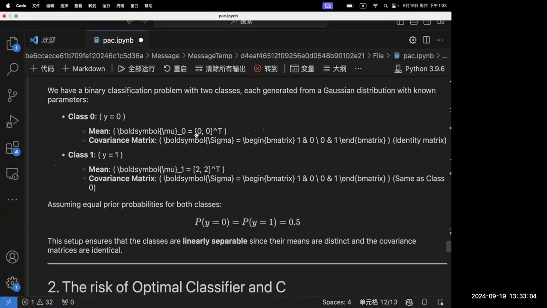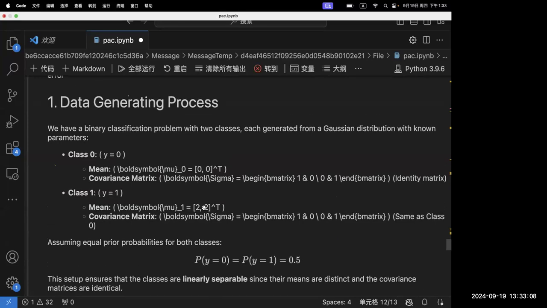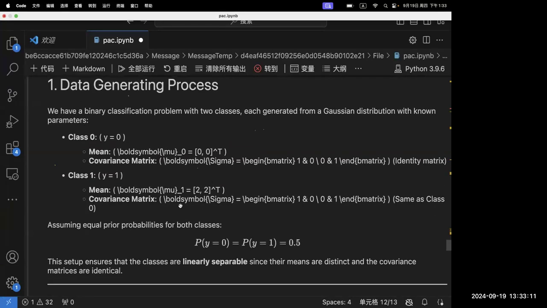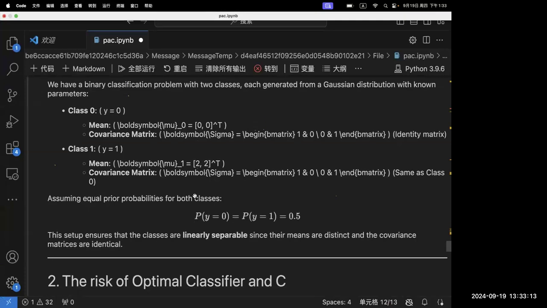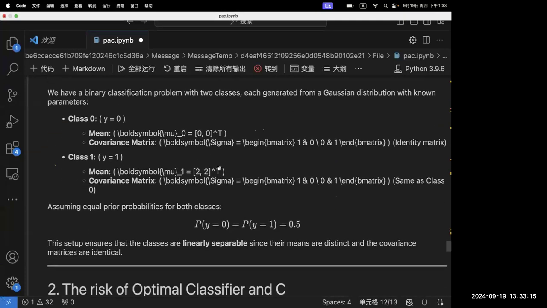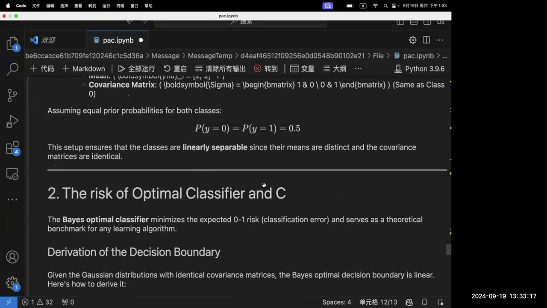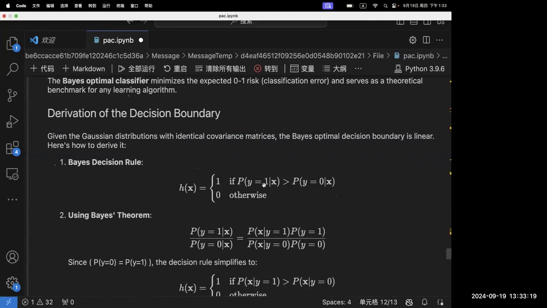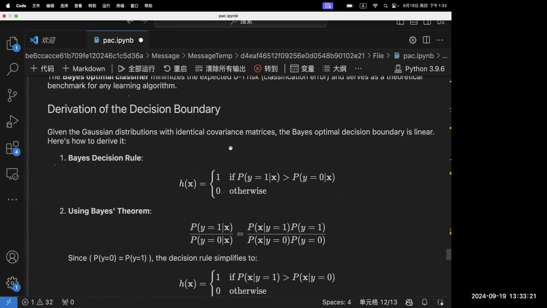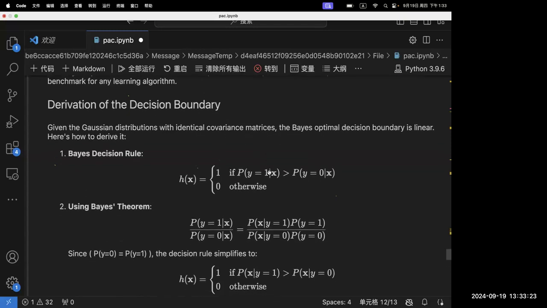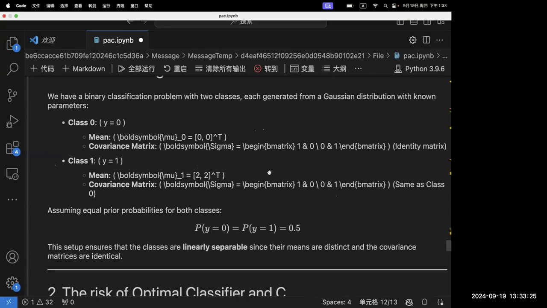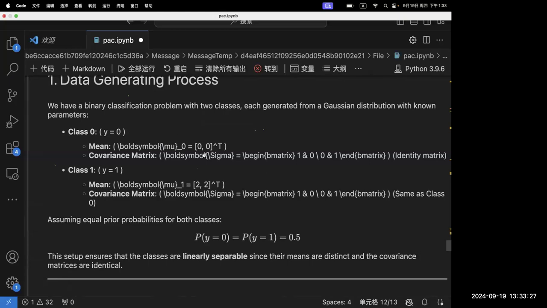So basically, if we know the generation process and the labeling rule of the distribution, we know the target concept, and we can express them in this probability distribution, right? Because we know they are both Gaussian. So we know the distribution of the data.